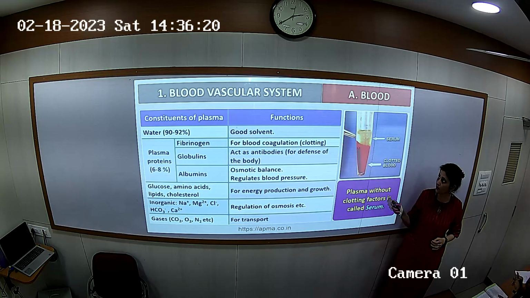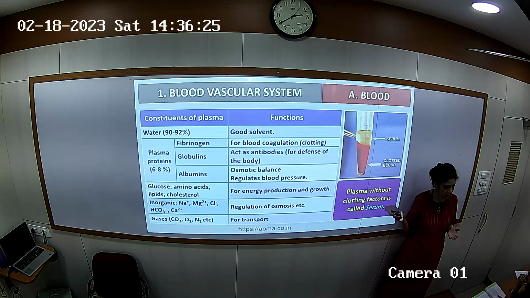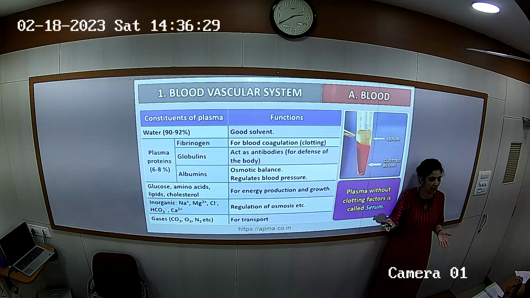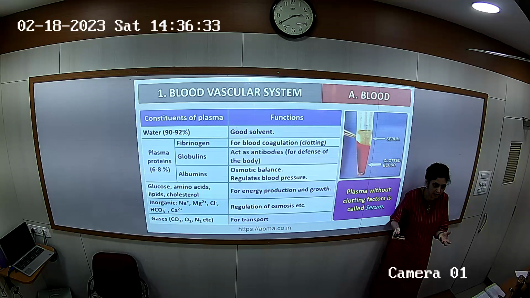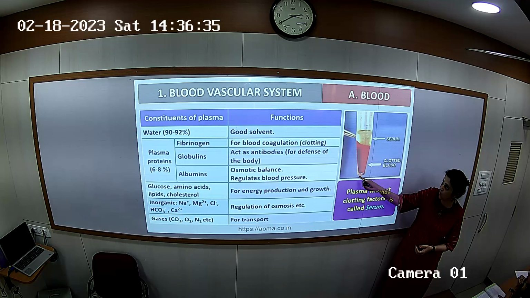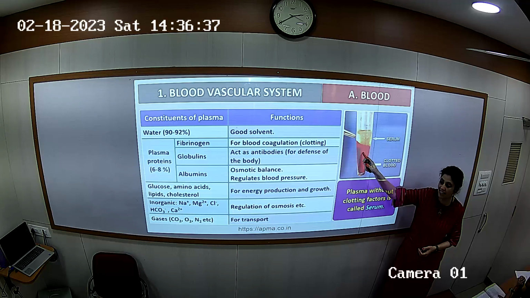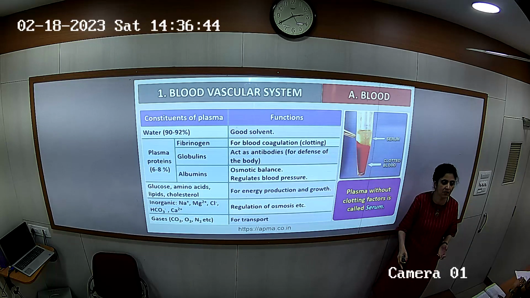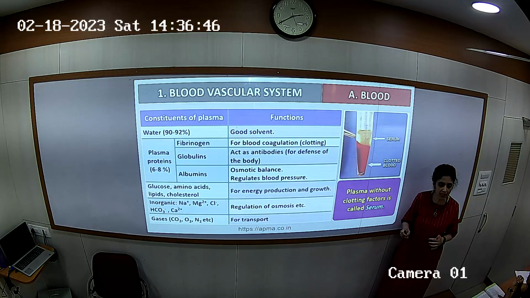Why are clotting factors not there? Because they are used up for clotting. What is the use of clotting factors? For creating the clot. So whenever the clot was formed, the clotting factors were used up. So this part of plasma is depleted, without the clotting factors, and this part of plasma is called serum.